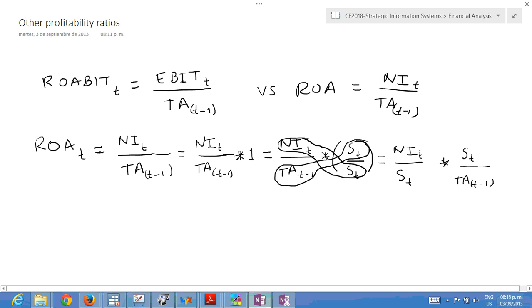Net income divided by sales is the percentage of how much, for every peso of sales, the company is making in net income.